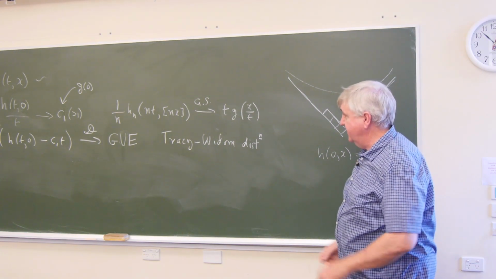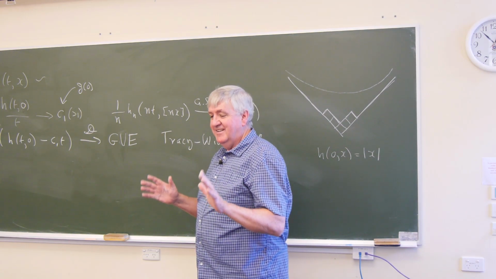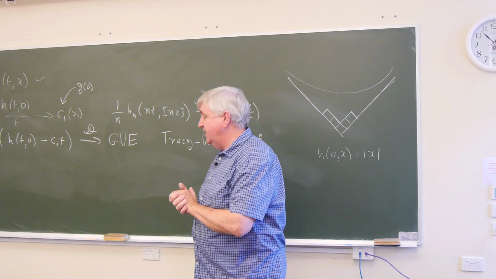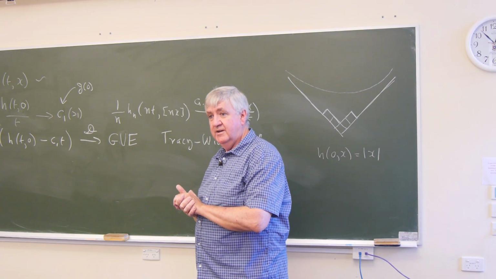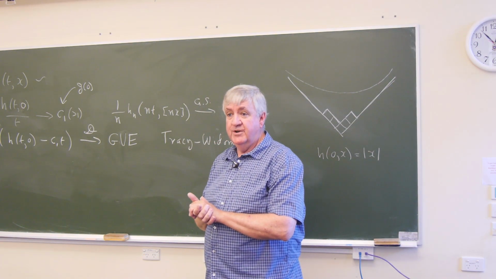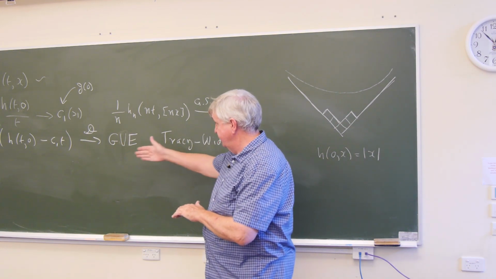All right, so a very important point to make is that this behaviour is believed to occur in a large number of growth models, namely the fluctuations are of order t to the third.